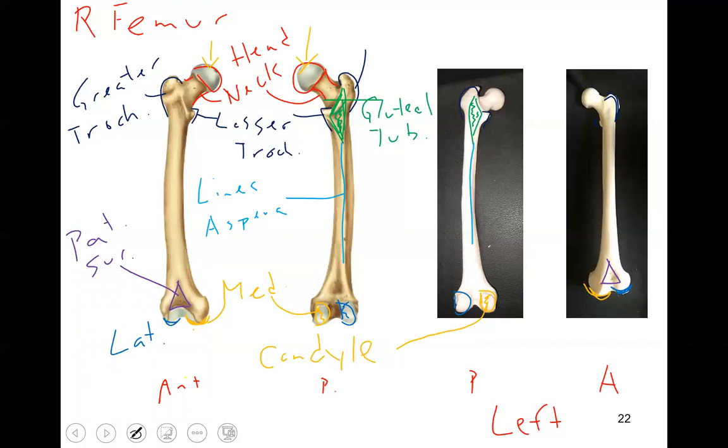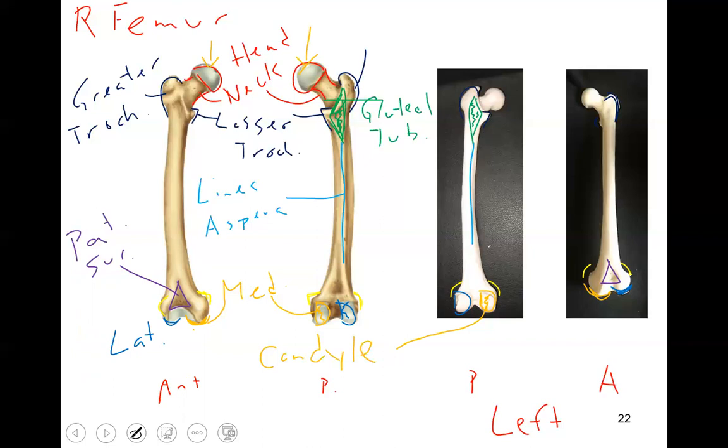As I said, bumps are generally a site of muscle attachment. On the femur, we can see a little bump pretty much sitting right on top of that medial condyle, and a little bump sitting on top of the lateral condyle. Okay, so the same thing over here, these little bumps on top of the condyles.